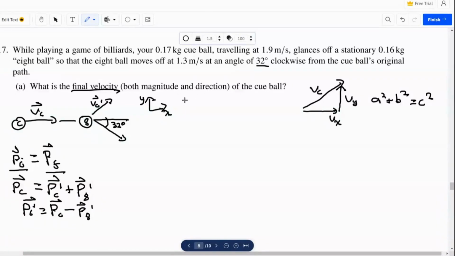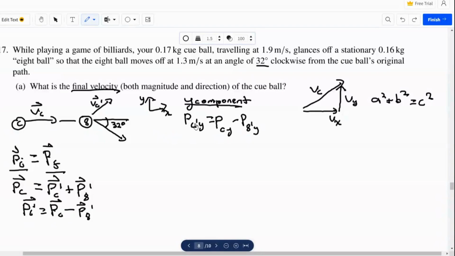Let's start with the y component. So PC prime y equals PC y plus P8 initial y minus P8 final y.